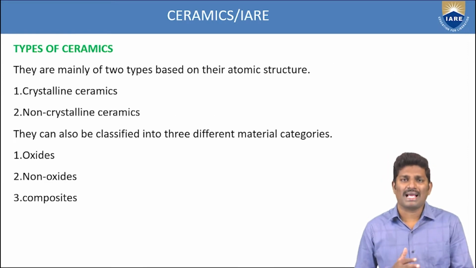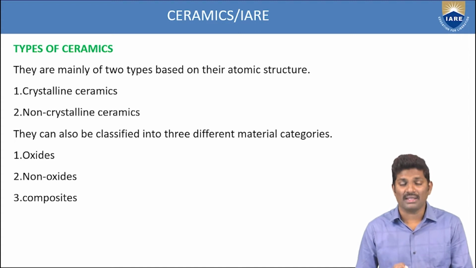Now if you go to the classifications, different types of classifications are there based upon the atomic structure. So how can you define the ceramics? The first category is based upon the atomic structure, whether it is crystalline or non-crystalline ceramics. So based upon these two categories, we can classify one of the classifications of the ceramics.